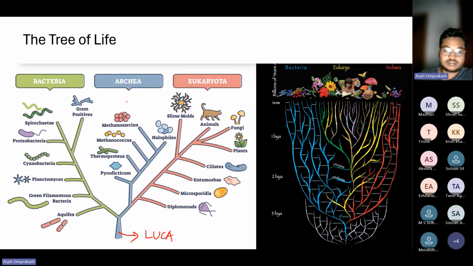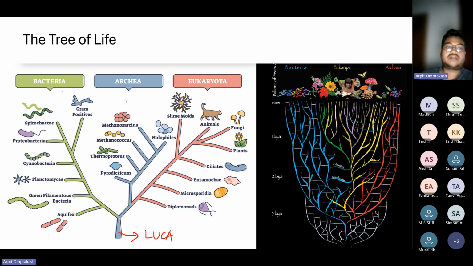What has happened here is that in the last universal common ancestor, some changes in their DNA structure led to branching. One branch developed into bacteria, the other developed into archaea. Then, sometime later, there was another split where some organisms evolved to be multicellular, which are part of the tree of life called eukaryota.